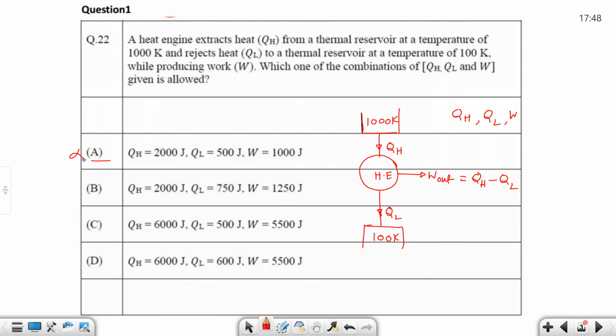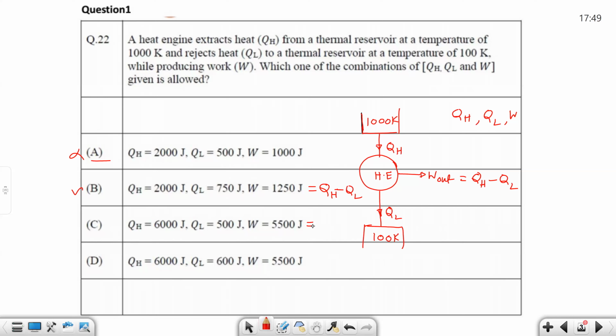The second one, QH minus QL is W. So your W is equal to QH minus QL, so it will be right. And now if you look at C, again it will be right.